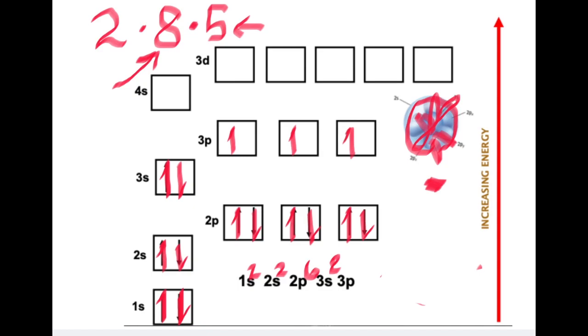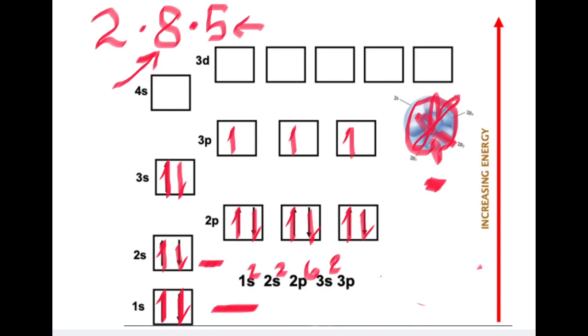So what have I been doing? I've been starting from the lowest level first, and I've been ensuring that I fill up a level completely with electrons of opposite spins. Then I move to the next level, and I do the same.